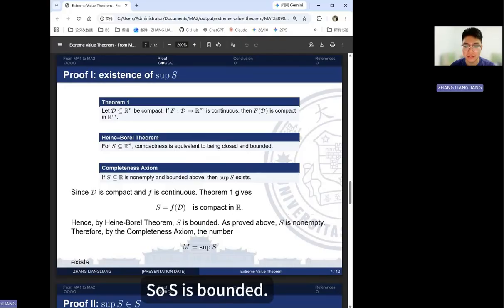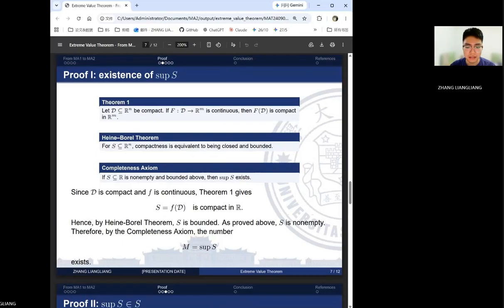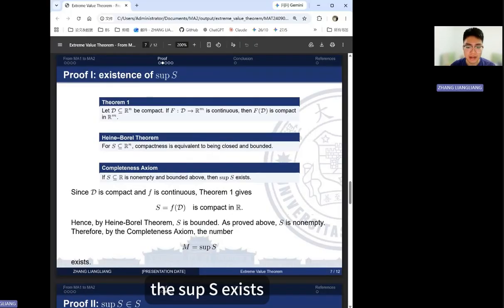So S is bounded. Also, we already know S is non-empty. So S is non-empty and bounded above. The completeness axiom tells us that the supremum of S exists. We call it M. So the first part is done.